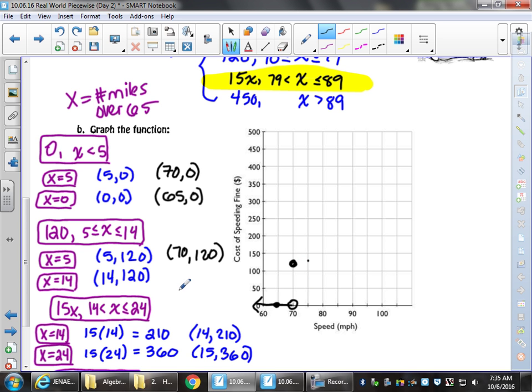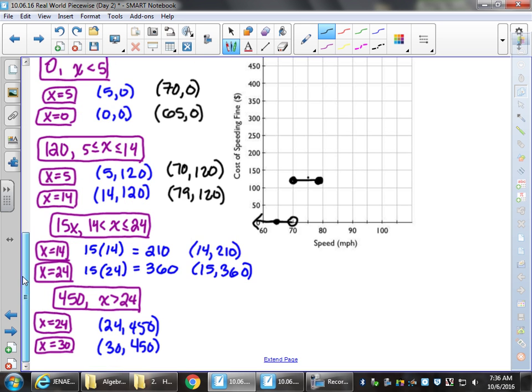And then 14, 120 would become 79, 120. Where did the 79 come from? Good. So 79, 120, closed. This is looking a lot like yesterday's, right?